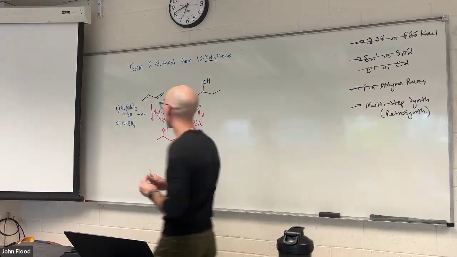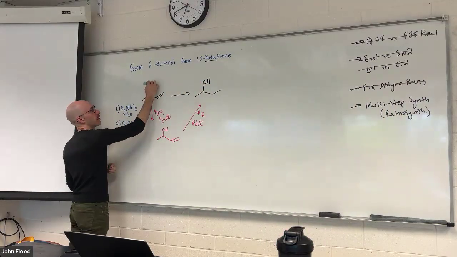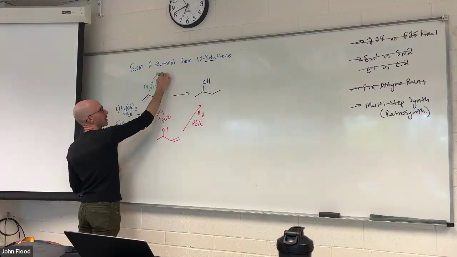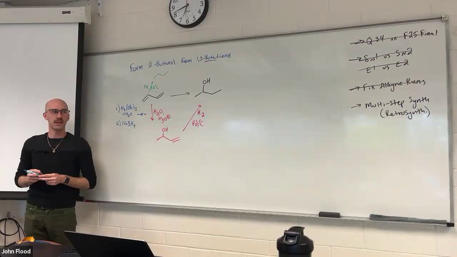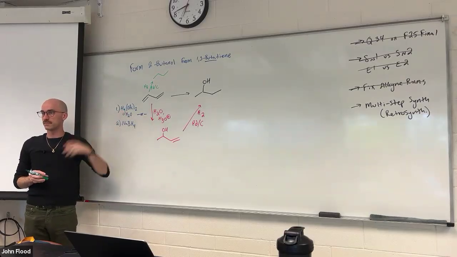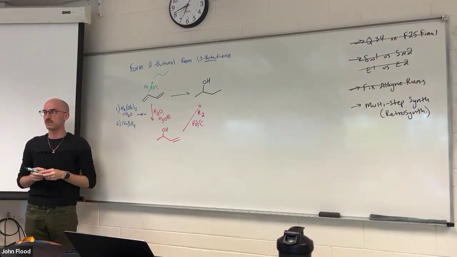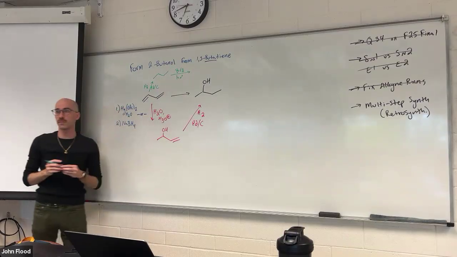There was another way that you could run this reaction. It takes more steps. What if I messed up and I hydrogenated my compound first? There's only one thing I can do with an alkane. Radical halogenation. And radical halogenation likes to go to the most substituted position.